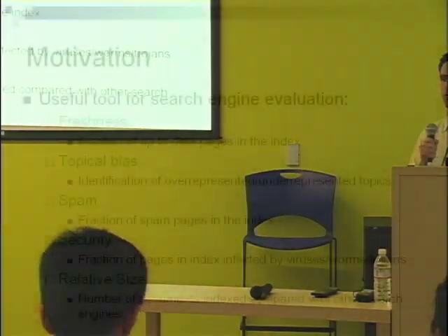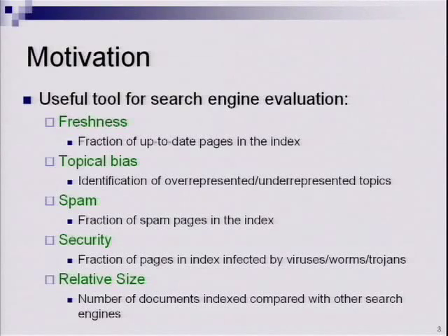Why do we need search engine samplers at all? Well, it turns out that if you have a search engine sampler, this could be very handy in creating objective benchmarks for search engines. And we can use them to evaluate the quality of search engines. For example, you could test the freshness of the search engine.